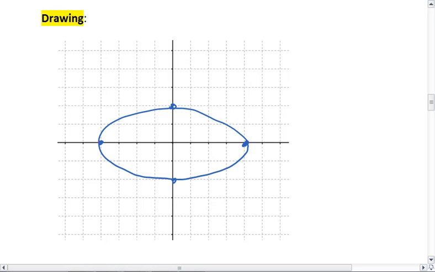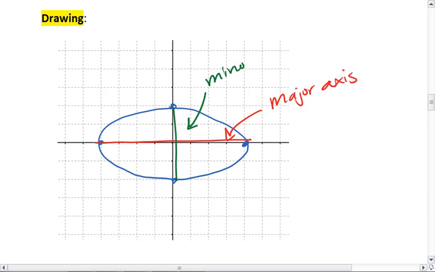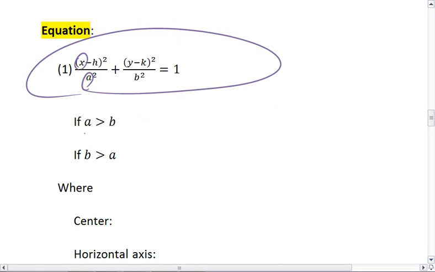It has the longer axis, which is called the major axis, and then it has a shorter axis, which is called the minor axis. If your a term is greater than your b term, then that means your major axis is horizontal. It's running along or parallel to our x-axis.